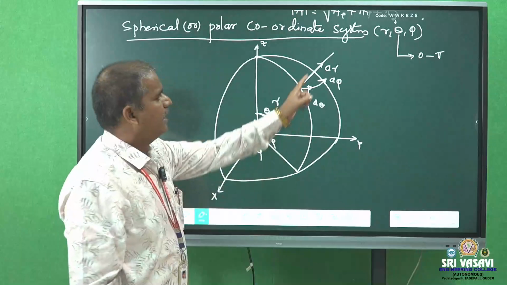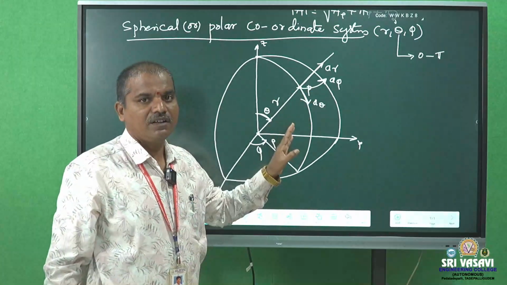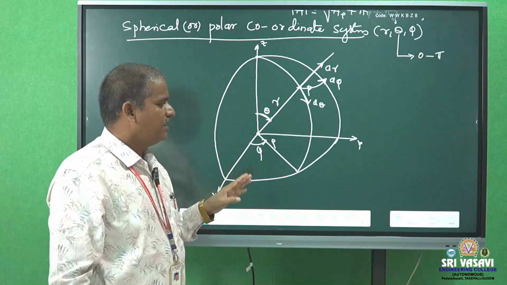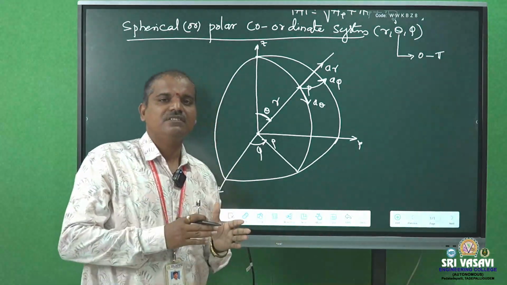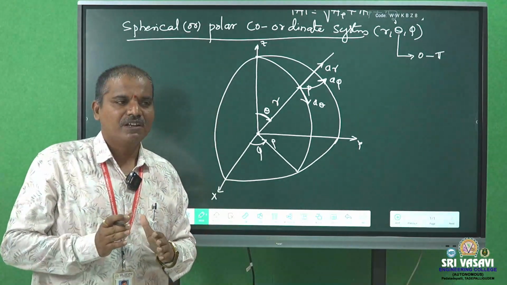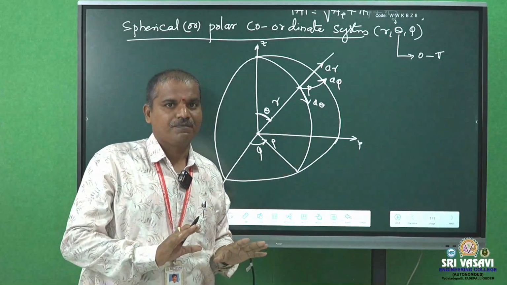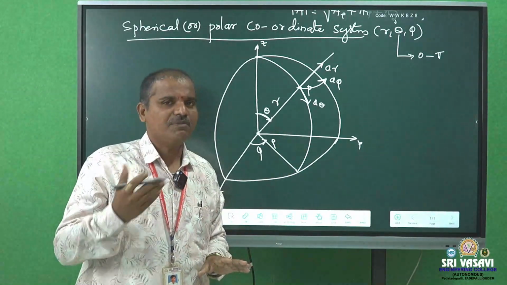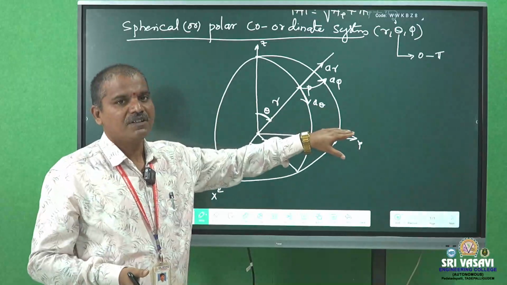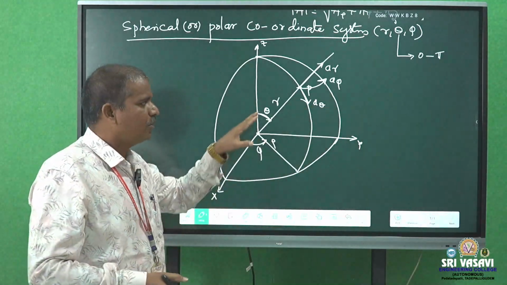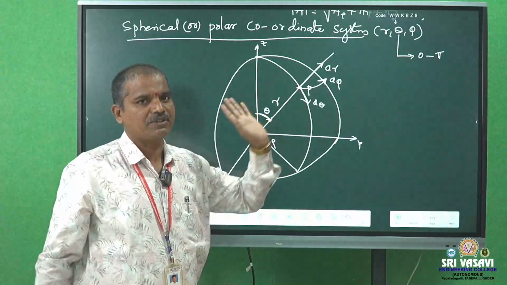Where a R, a theta, a phi are called unit vectors along the R, theta, phi directions. See here the point is Cartesian, circular and spherical. If you're talking about spherical, only R, theta, phi come into the picture. There is no x, y, z. Similarly, if you're talking about circular, rho, phi, z come into the picture. There is no x, y, z. Only the specific coordinates and specific directions come into the picture.